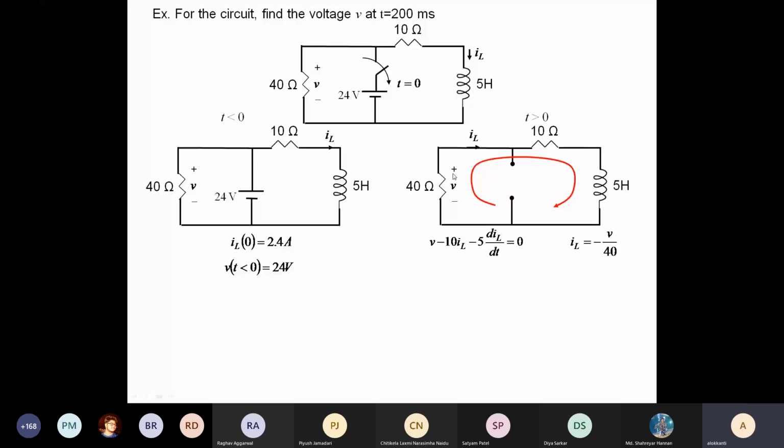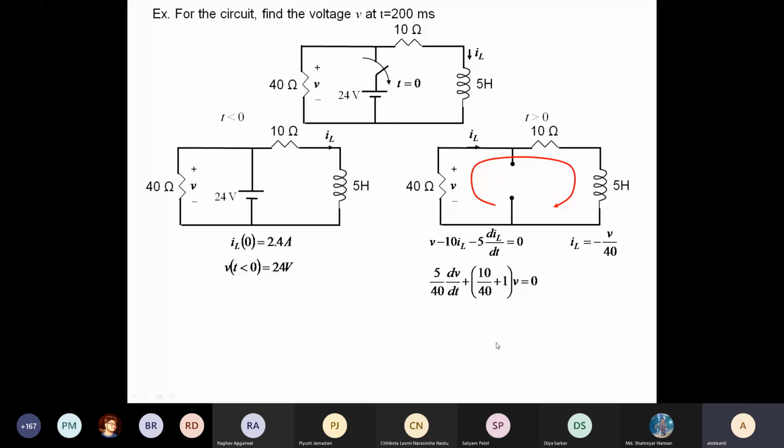If you substitute this into the differential equation, dIL/dt becomes 5 by 40 dV/dt, and you have V with minus 10 IL. The two minuses become plus, so it becomes 10 by 40 V, plus 1 together multiplied by V, equal to 0.